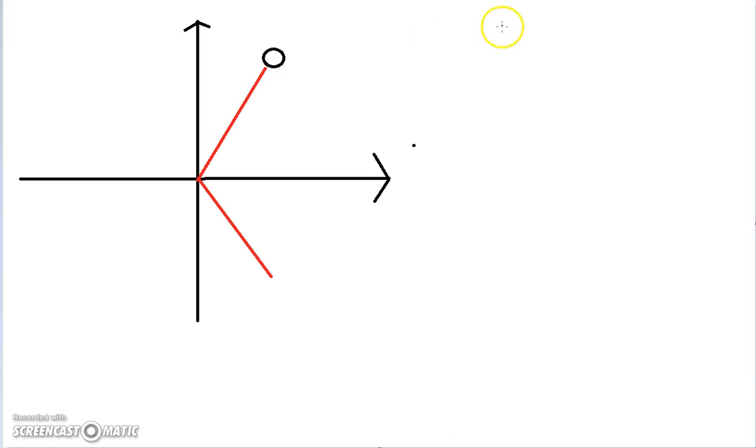So if you remember, F is equal to ma. That's Newton's second law. If it's a pendulum of mass m, we know that the gravitational force that acts on it, given it's reasonably close to the Earth's surface, is mg, where g is the gravitational field strength. So F equals mg.